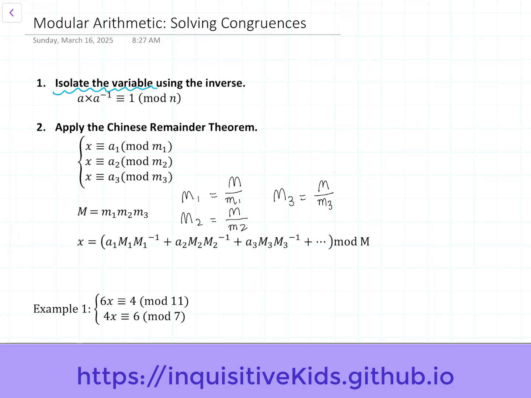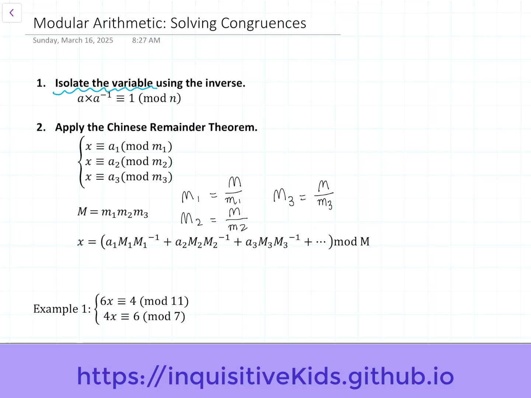To find x, we're just going to multiply a1 with big M1 with the inverse of big M1, plus a2, big M2, and the inverse of big M2, so on, depending on how many equations you have. And finally, we're going to take the modulus big M. And that is how we're going to find our final answer. That is the solution of using the Chinese remainder theorem to solve a system of congruences.